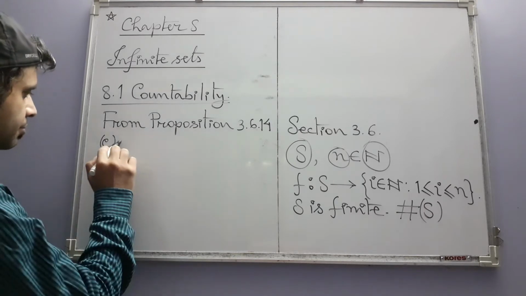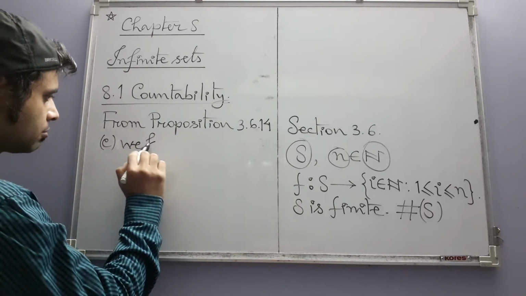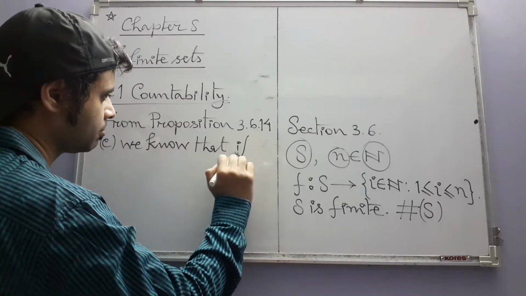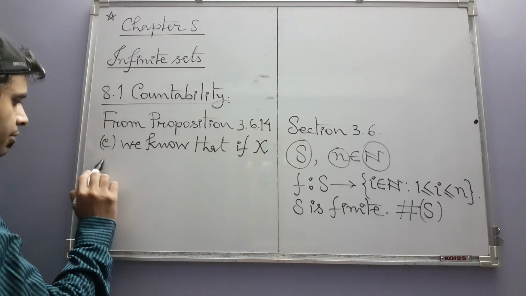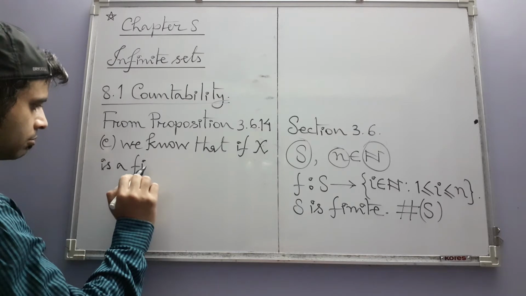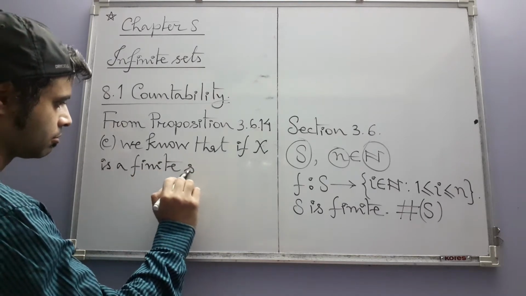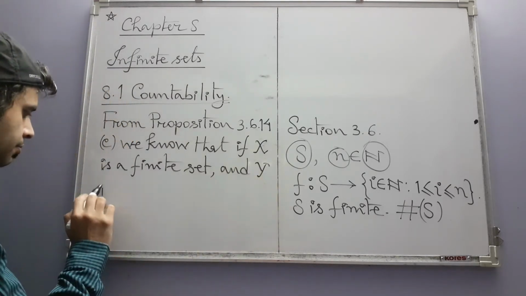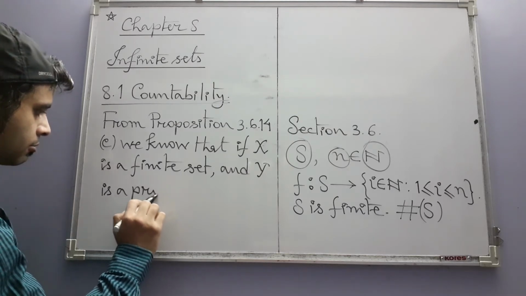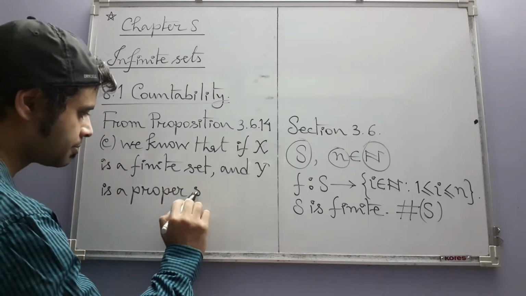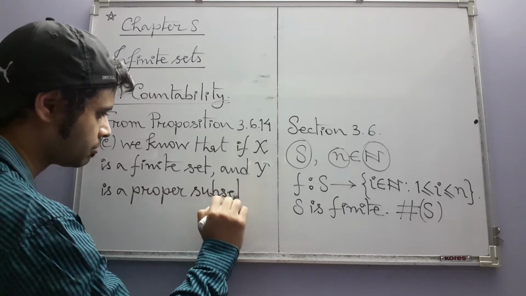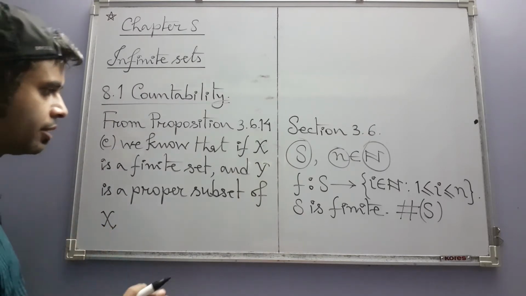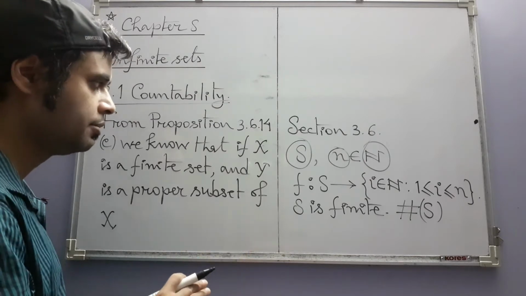We know that if X is a finite set, and capital Y is a proper subset of X, then capital Y does not have equal cardinality with X.